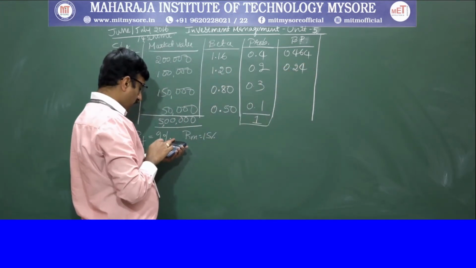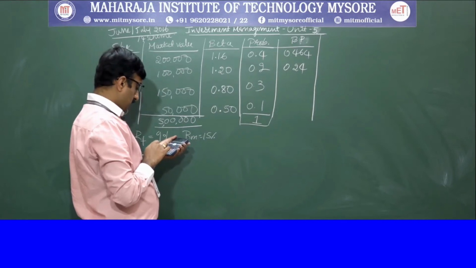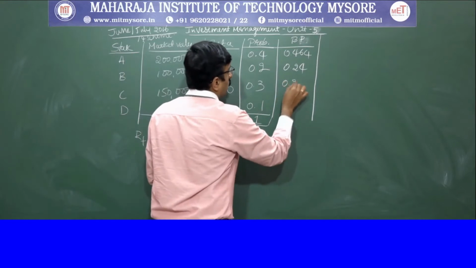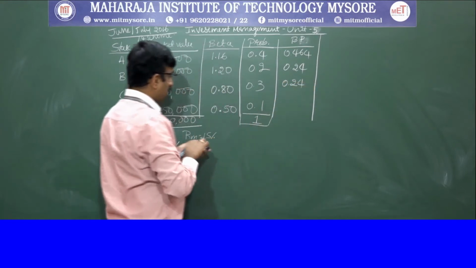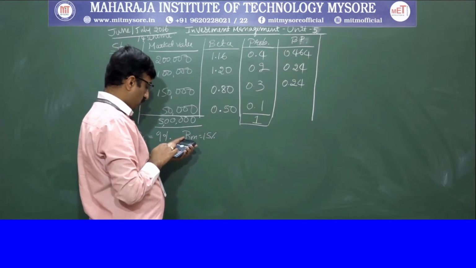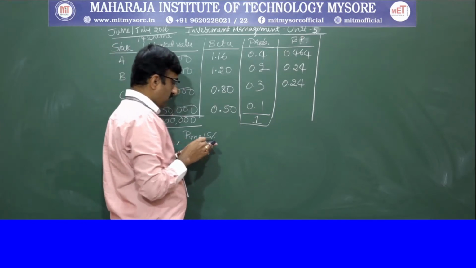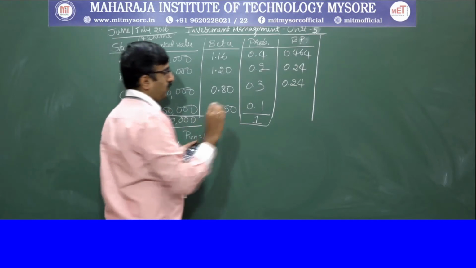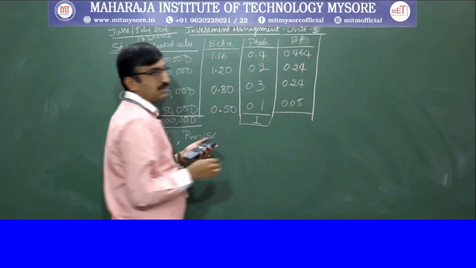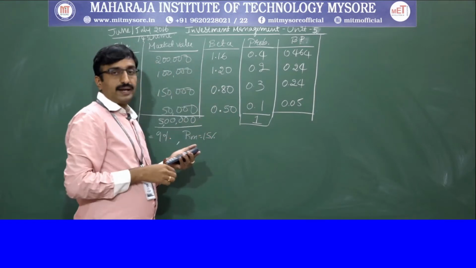Next, 0.80 into 0.3, you will get 0.24. Next, 0.50 into 0.1, you will get 0.05. This is called beta into probability.